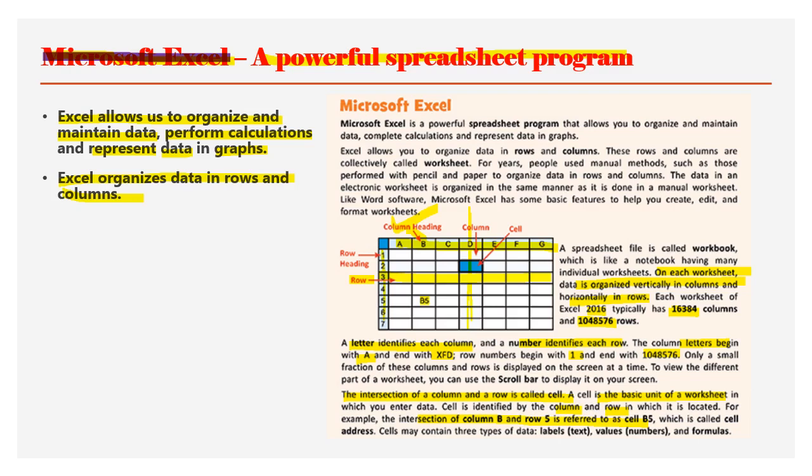The column letter is G and the row number is 1. So this cell address is G1. That is called a cell address. Excel cells may contain three types of data: labels, that is text, values, that is numbers, and formulas.